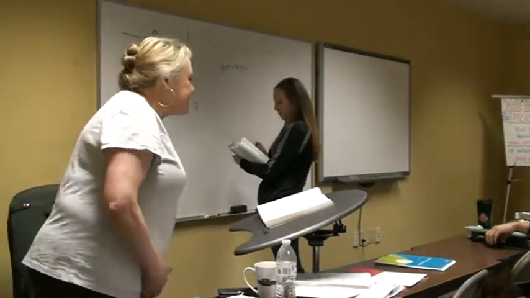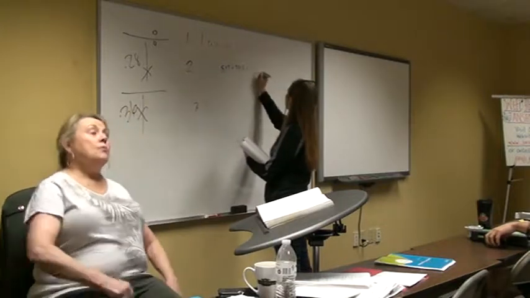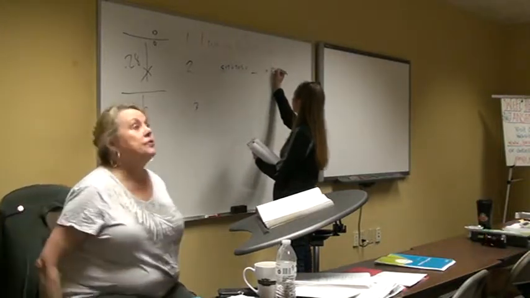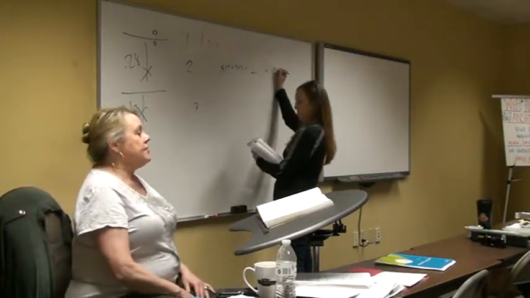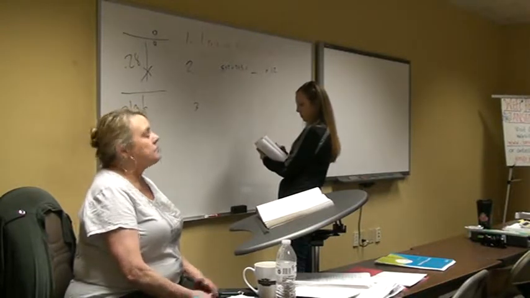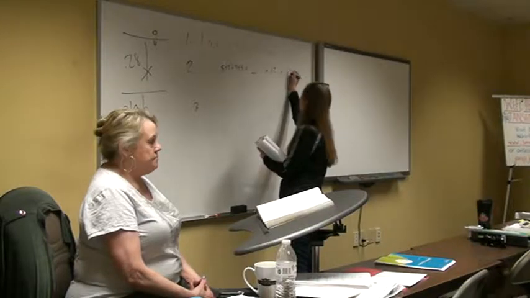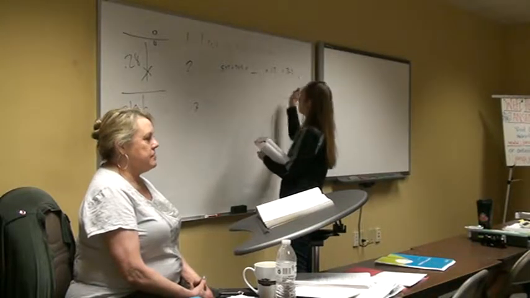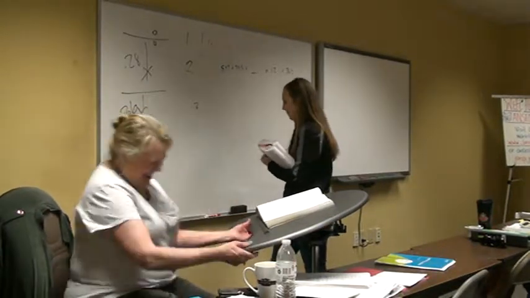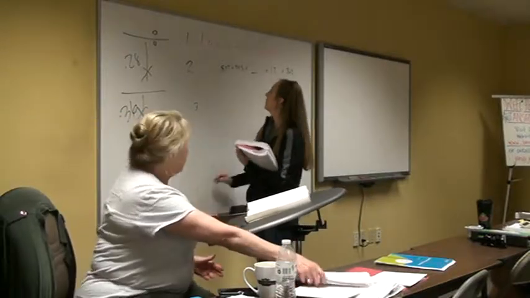I don't mean to embarrass you. You know what, I'm not going to; you guys do it the way you want to. And you said it was faster to you? Yeah, that's what I did on the previous test. Okay, if it's faster to you, but that's not the way we are doing it.